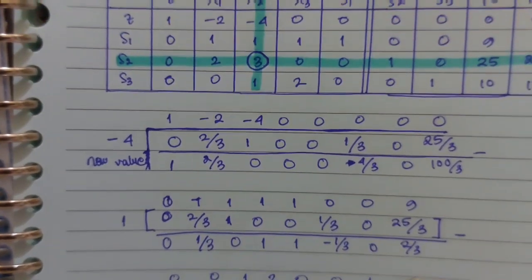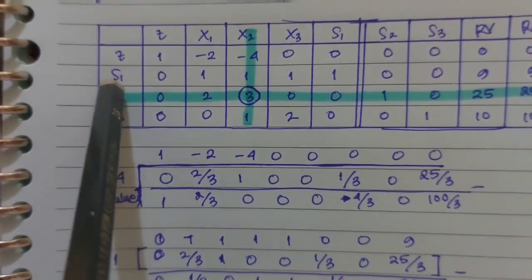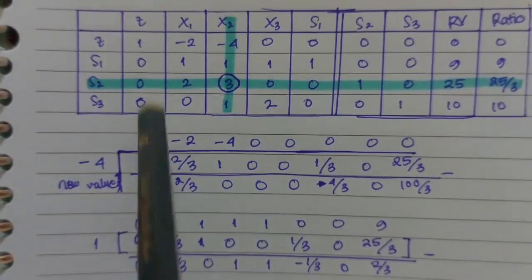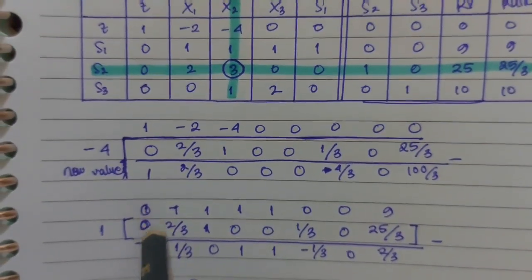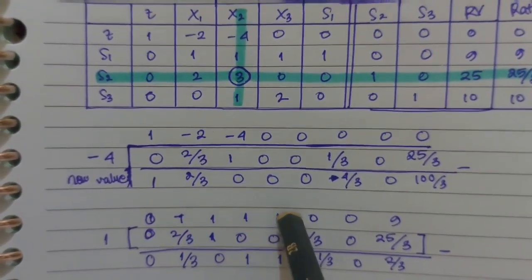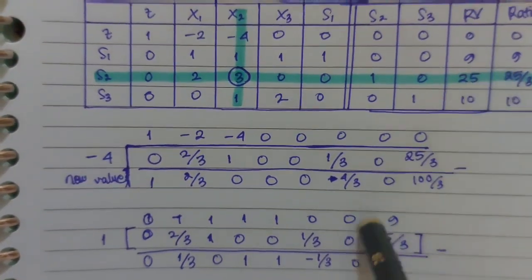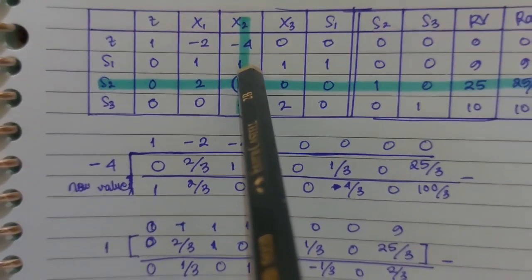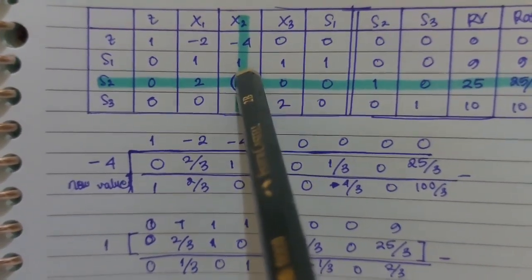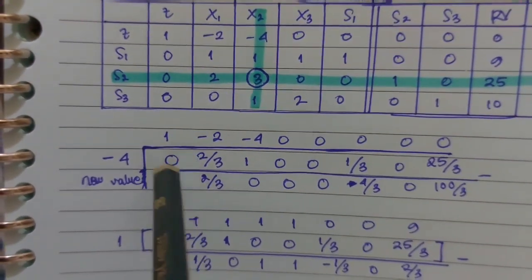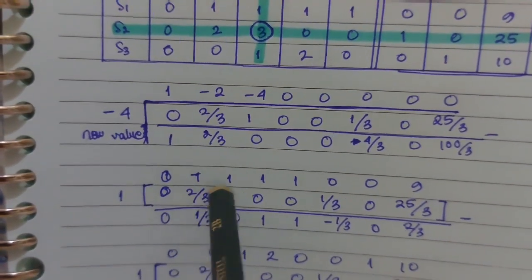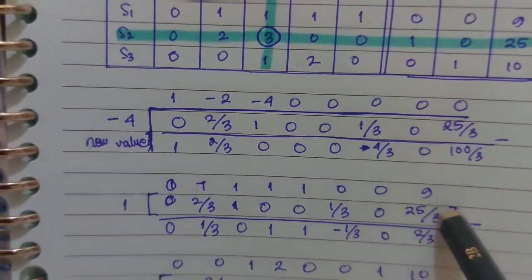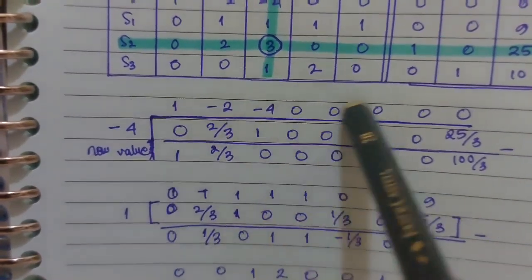And the next one, so we should find the new value from this row, right? So we put here 1, 0, 1, 1, 1, 1, 0, 0, 9. And we put here 1 because the second value of this column is 1. And 0, 2 per 3 is 1, 0, 0, 1 per 3, 0, 25 per 3 is the same here and here.